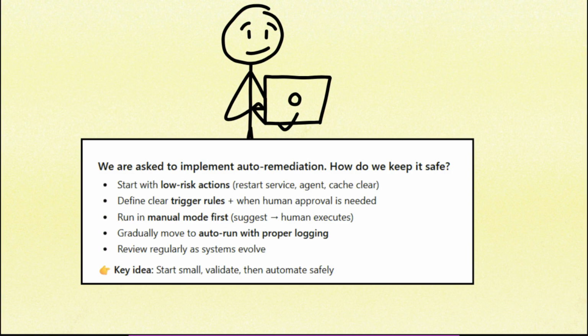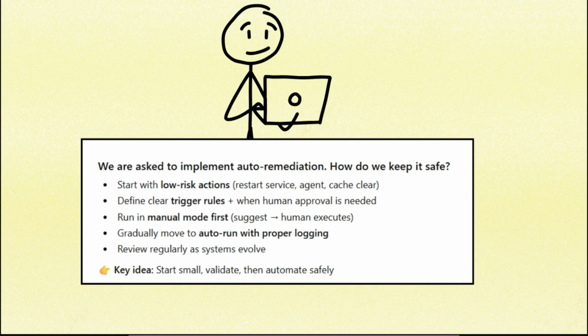Once stability and trust is established, we gradually enable full automation with detailed logging and rollback visibility. Once it is implemented, we still regularly review the automations because the environment evolves, and when it evolves, we may need to tweak some things in the automated scripts.